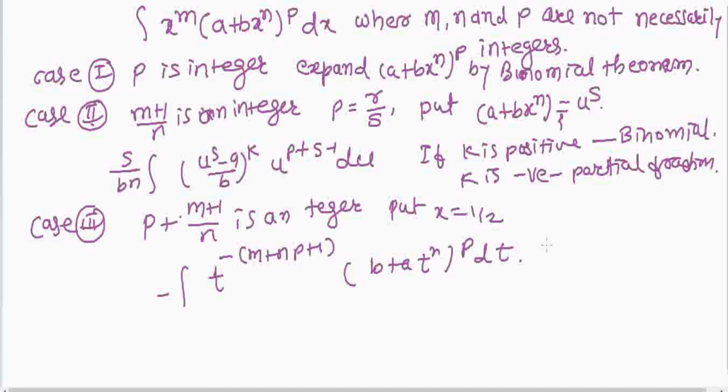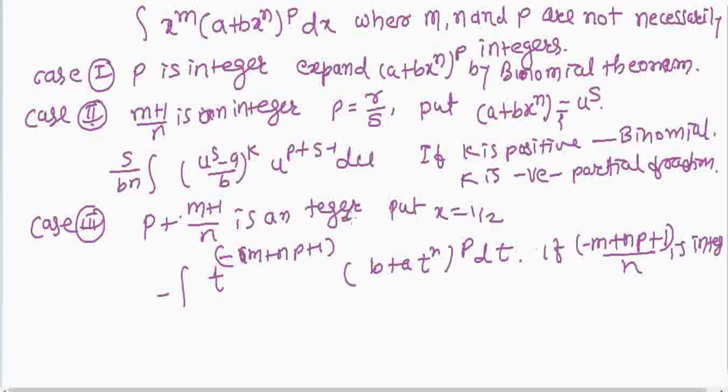Here it is minus m, not a bracket. So if (minus m plus np plus 1) divided by n is an integer, then we can apply the case of the second case to evaluate this integration.